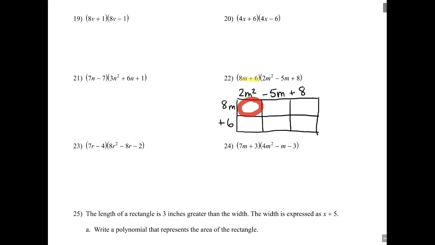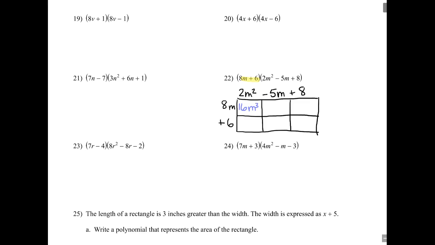All right, so what do I do next? In order to get the part in this box right here, I'm just going to multiply whatever's to the left and above. So I get 8 times 2 is 16, and then m times m squared would give me m cubed. To get this box here, I'm going to take negative 5m times 8m. I think you get the gist, and I'm going to pick things up here.